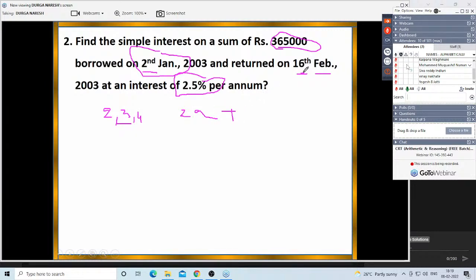Plus 16th February, so 1 to 16, including 16. So total 29 plus 16, 45 days. 1 year is equal to how many days? 365.